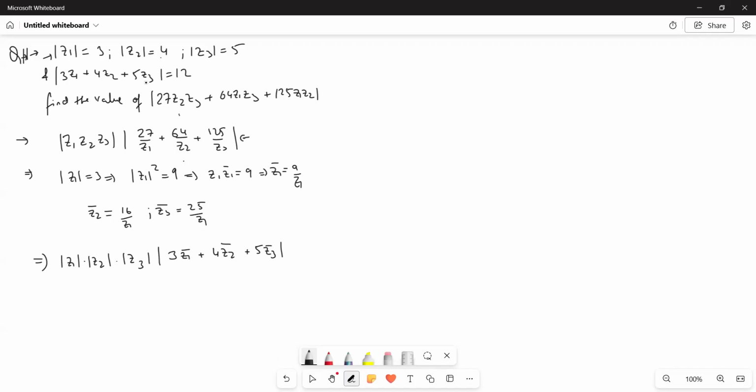But then mod of this will be the same as mod of the bar. तो ये हो जाएगा 3 into 4 into 5 into 12. That will be the answer.